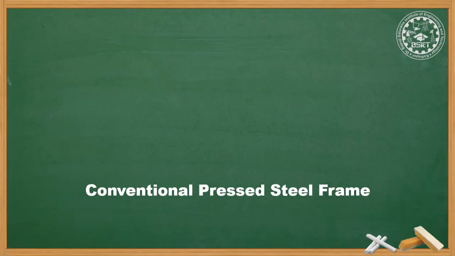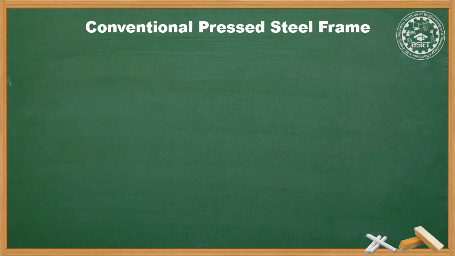Starting with the first, conventional pressed steel frame, also known as non-load carrying frame. It is supported on the wheel axle by means of springs so that loads on the vehicle are transferred to the suspension system entirely by a separate chassis.